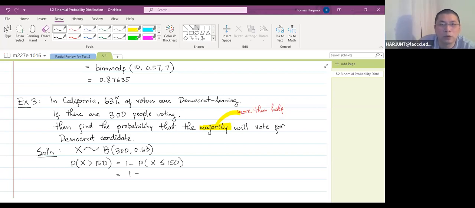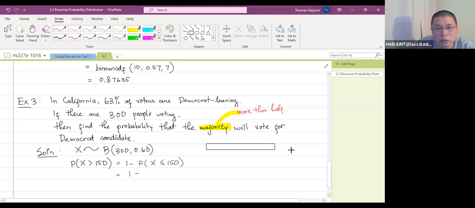Right? So if you use the table, the diagram, okay, 150. When we say more than 150, it means it starts from 151. Right? The complement is up to 150. Okay, now you use your calculator.